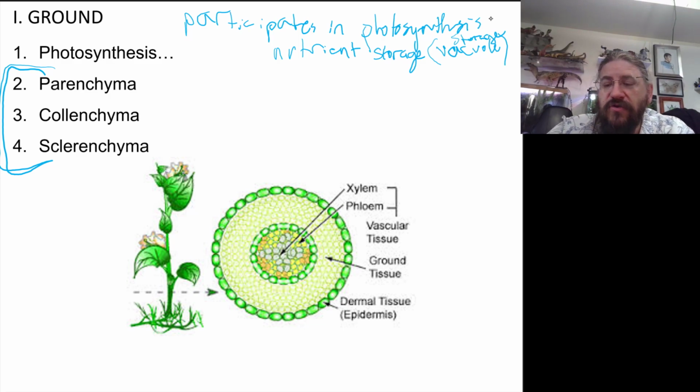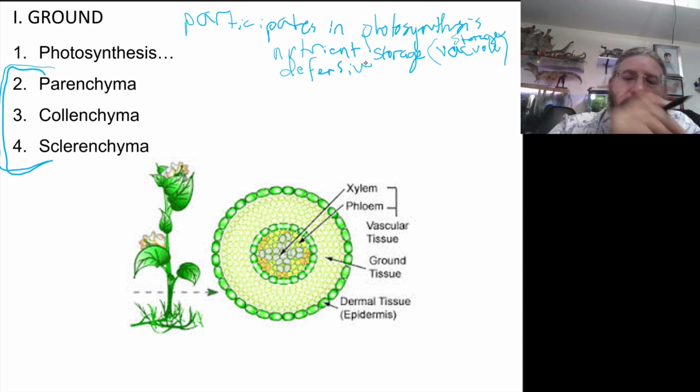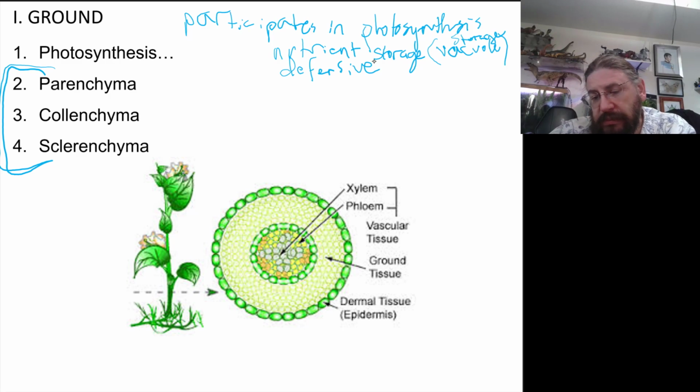So that could be nutrient storage. Those storage vacuoles, it's not just nutrients. You could also have defensive chemical storage. So it could store toxins. So that's kind of cool. There are specialized ground tissue for protection, specialized ground tissue for defense, storage of toxins. There's a lot of diversity here.